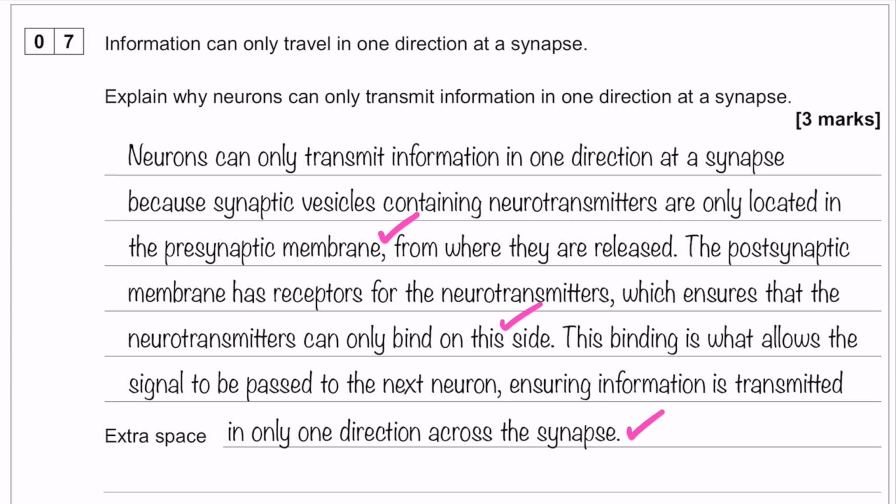The mark scheme has a total of 4 bullet points that you can talk about, and you need 3 marks. Okay, so if you have these 3, then you're definitely going to get 3 marks, and if you have that 4th one about the diffusion from high to low concentration, then that's kind of a substitute for one of the other marks. Okay, but it's also credit-worthy and absolutely fine to mention.